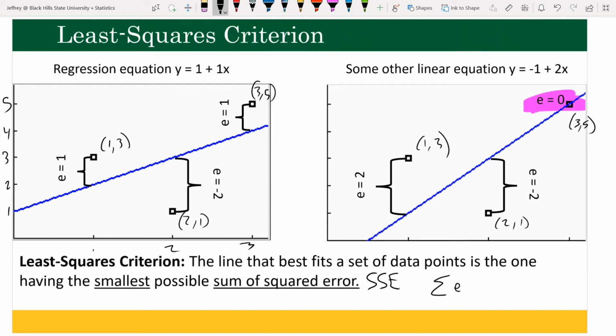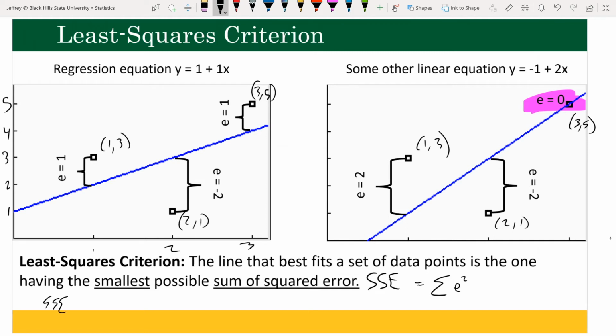And essentially what we do is we sum up all of the amount of errors caused by the difference between the actual point and the line that we use to predict that point, or we add up all of those squared errors.